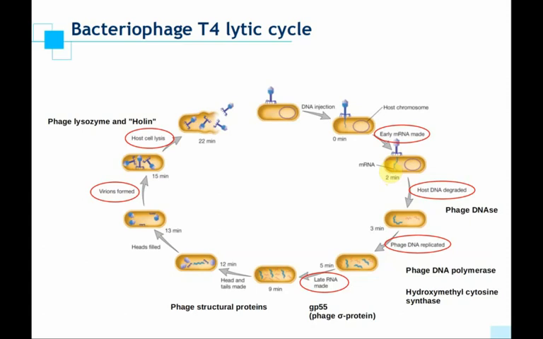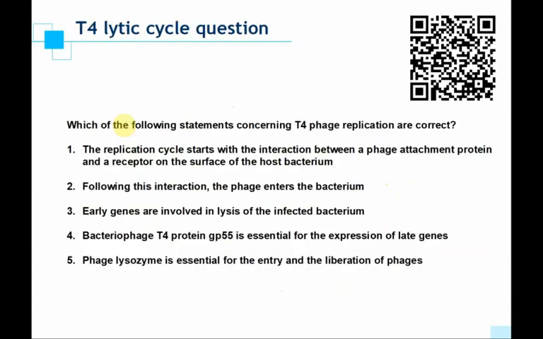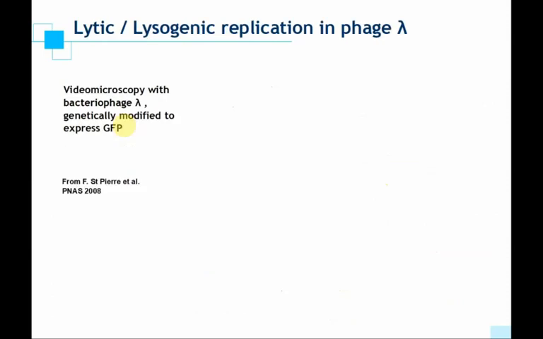This is what means that it's impossible for these late genes to be expressed until GP55 has already come up to a high level, because GP55 is necessary for the expression of all the late genes. Okay, I'm not going to ask this question because we have to move ahead with the timing, basically.